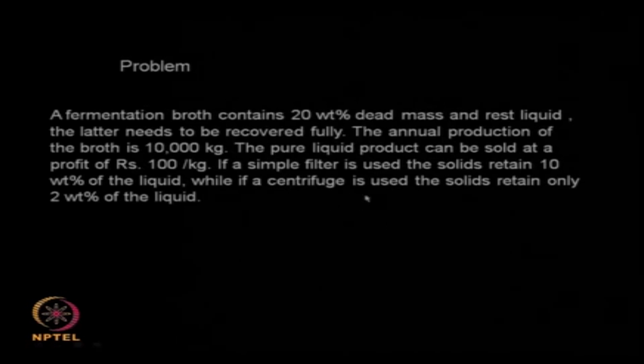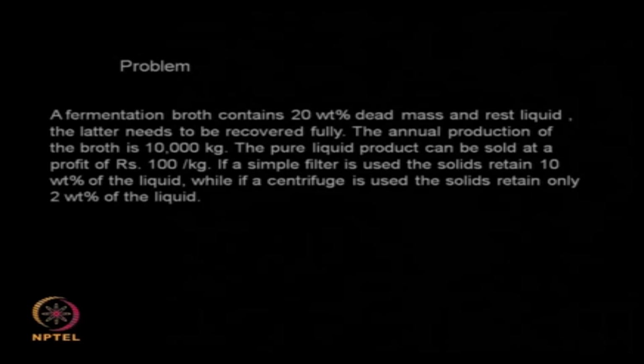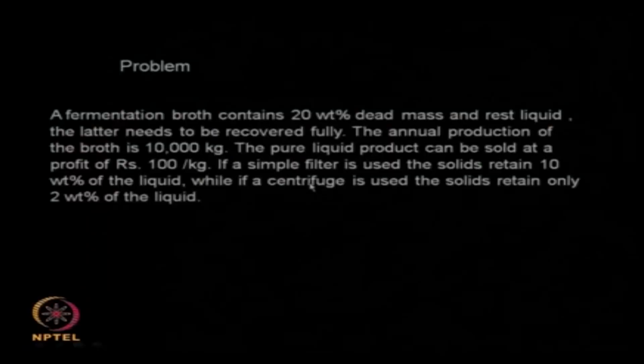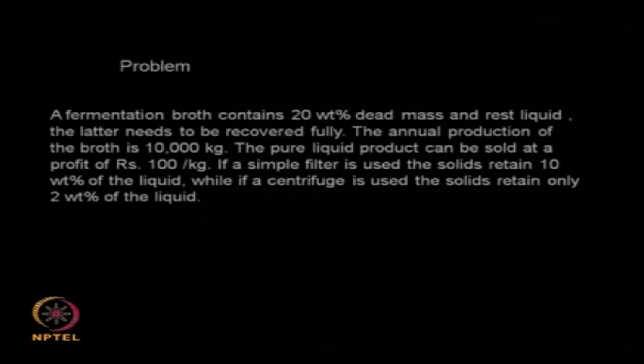But if I use a centrifuge, most of the liquid can be removed, because a centrifuge, as you know, works very efficiently, very high G's are there. So most of the liquid comes out from the solid, so I lose only 2% of the liquid. So you see, if I use a centrifuge, I can get more liquid out, that means I can make more profit. If I use a filter, more liquid is stored inside the solid, so I am losing some liquid.